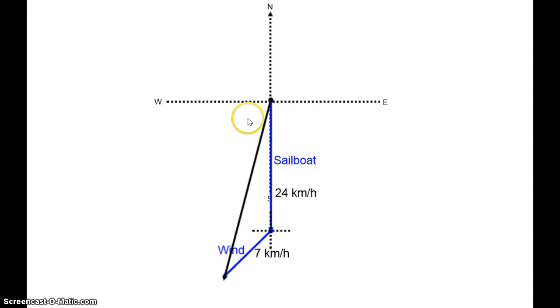So we know that this angle right here, notice that I've drawn in two perpendicular lines to represent the north, south, east, and west directions, is 45 degrees in our diagram. So that's a 45-degree angle since the wind is blowing in a southwest direction.